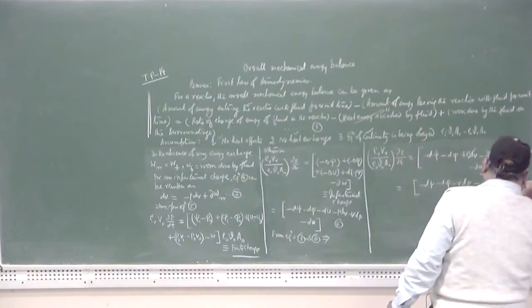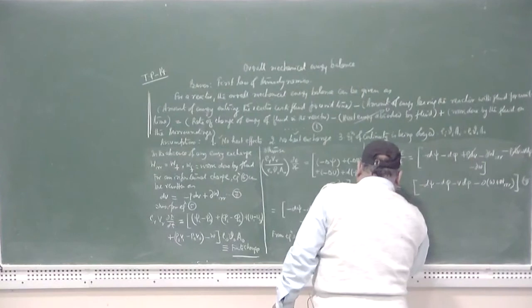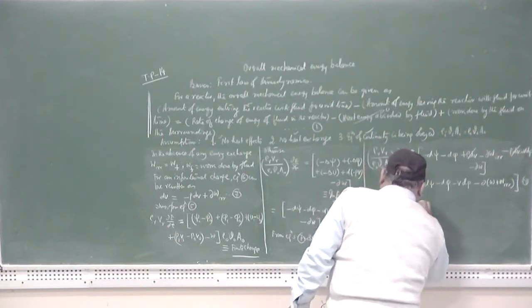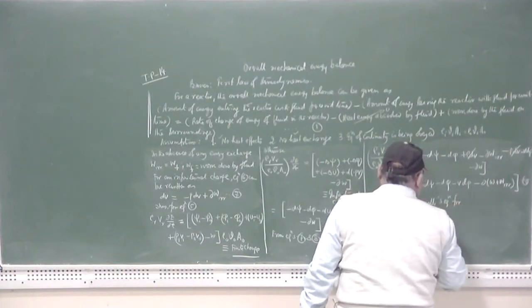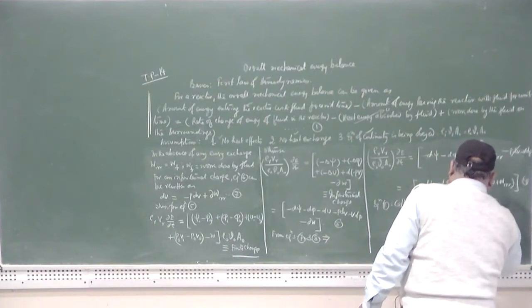This equation number 9 is called the Bernoulli equation for unsteady operation.